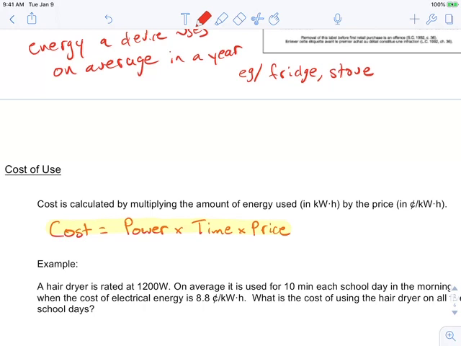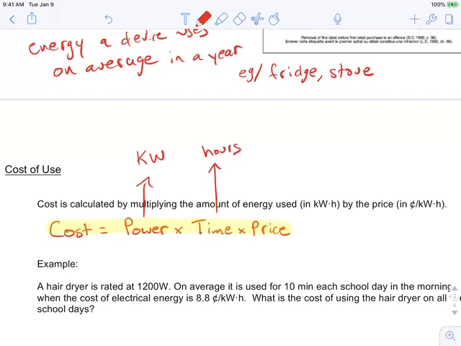So we have to make sure that all of the things in this formula are in very specific units. So our power needs to be in kilowatts. Remember, that's when we took our watts, we divided by 1,000, and we ended up in kilowatts. Our time always needs to be in hours.